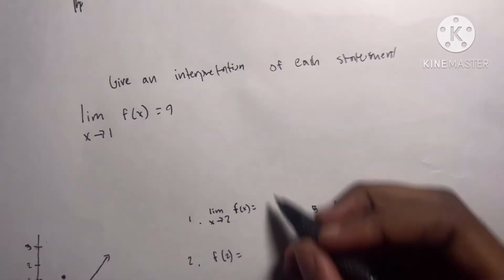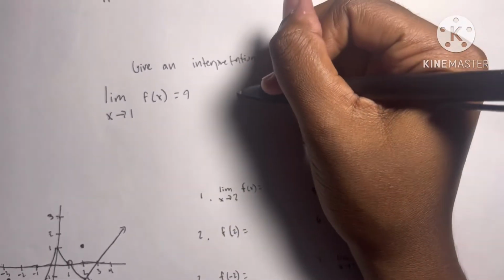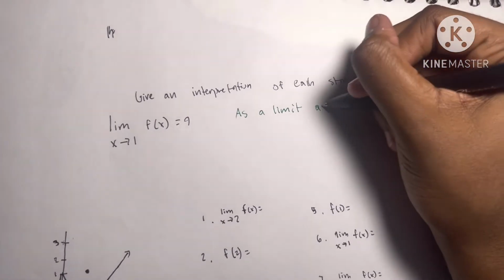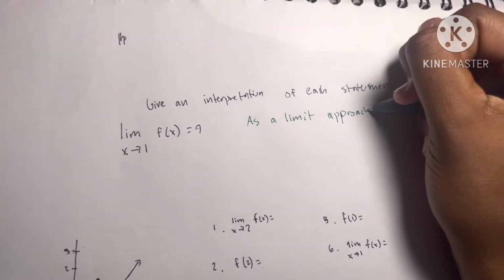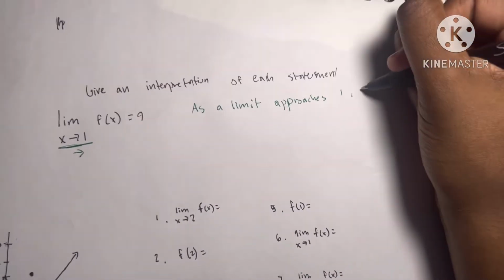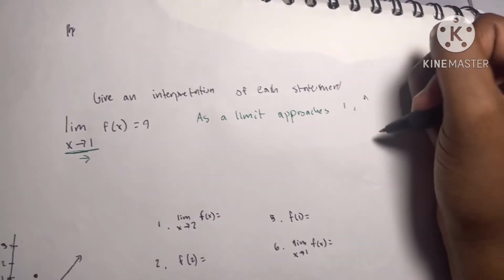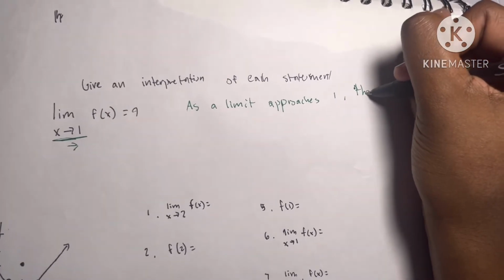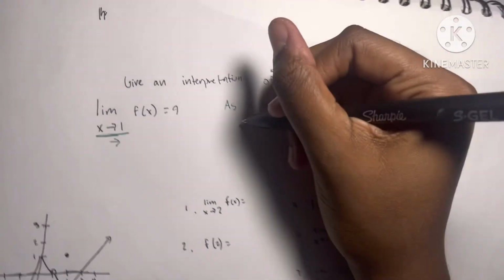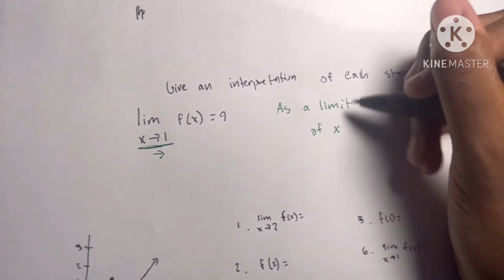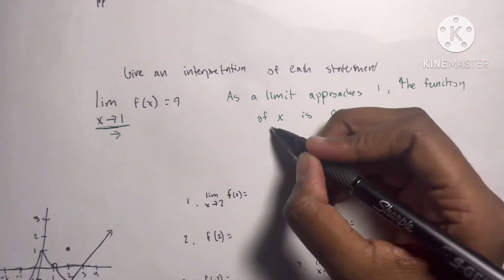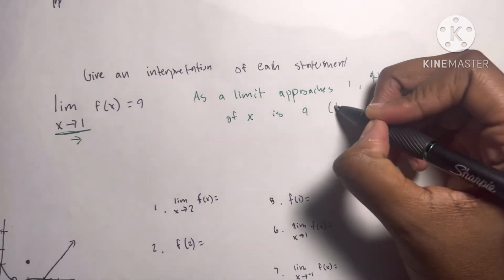Now we're going to get a correct explanation using words. So as the limit approaches 1, which is right here, the function of x is 9, in parentheses, the y value.